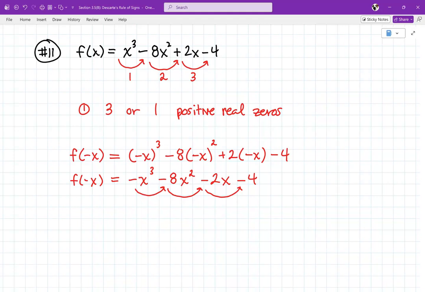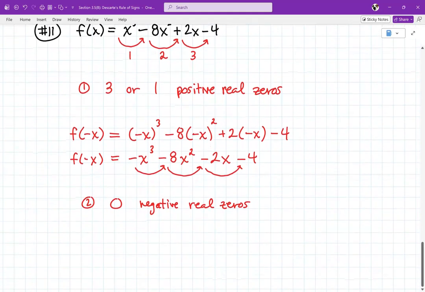So how many negative solutions can I have if it never changed signs? 0. 0 negative real zeros. In other words, none of the answers to this problem are negatives. They're either positives or they're probably going to be imaginaries. We'll see.